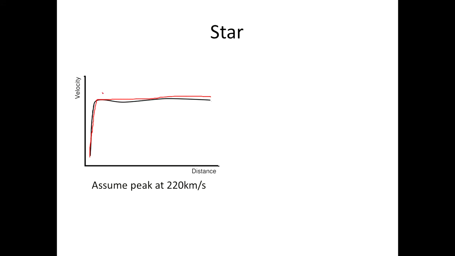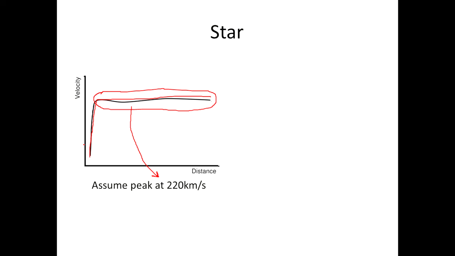So basically, we take this as the velocity of the star. The problem also stated that the galaxy is like the Milky Way, so we can assume that this constant velocity is 220 kilometers per second.